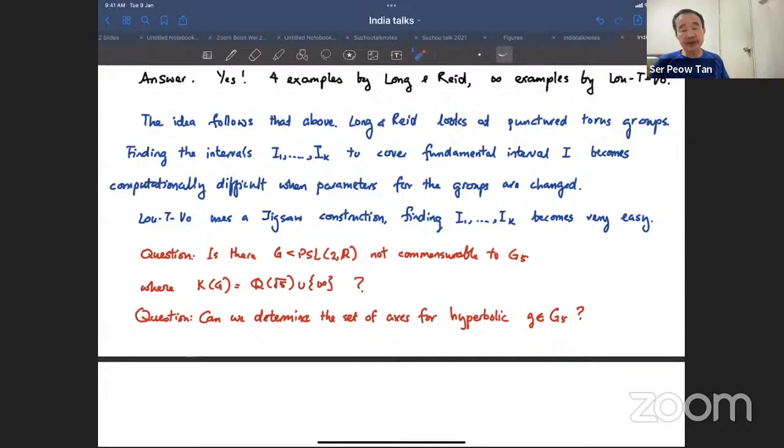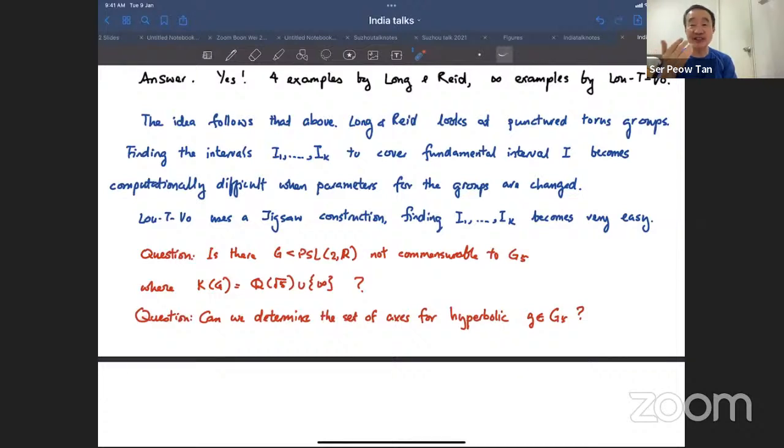Let me remind you that the axes for hyperbolic elements of G5 form a kind of periodic cutting sequence for the Farey tessellation, and hence they are going to be quadratic extensions of Q.